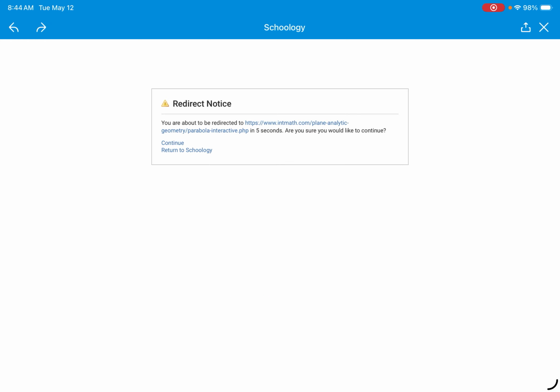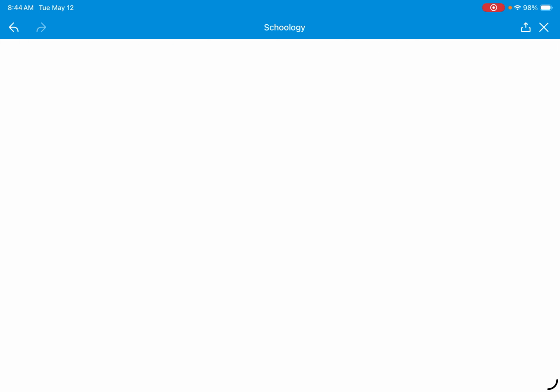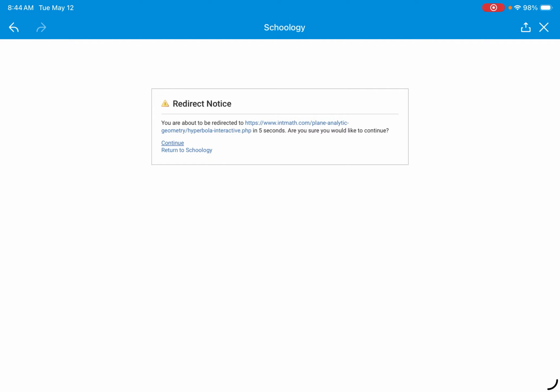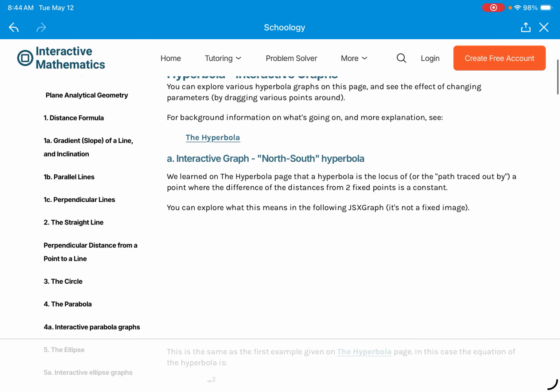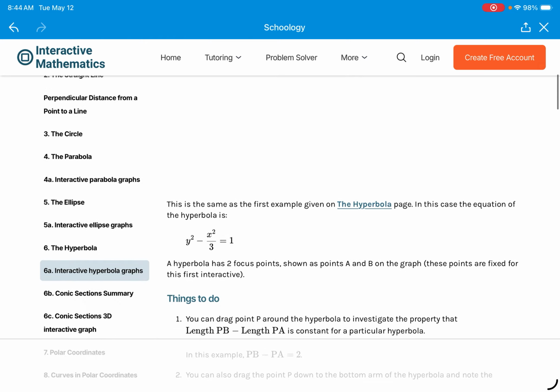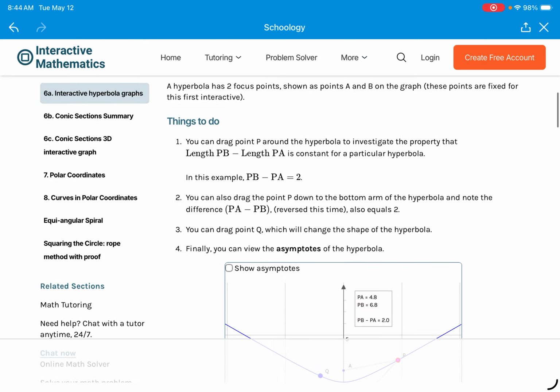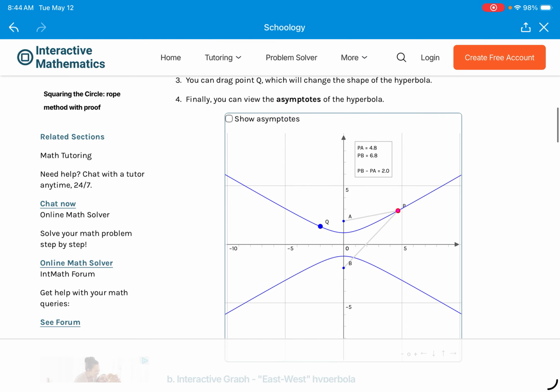And then lastly, I put in a hyperbola. For the hyperbola, it's very similar to the ellipse, but instead of the sum of the sides, it's the difference of the sides equaling a constant. As I move this point, I can take the line that goes to A and the line that goes to B, and they should always have the same difference.